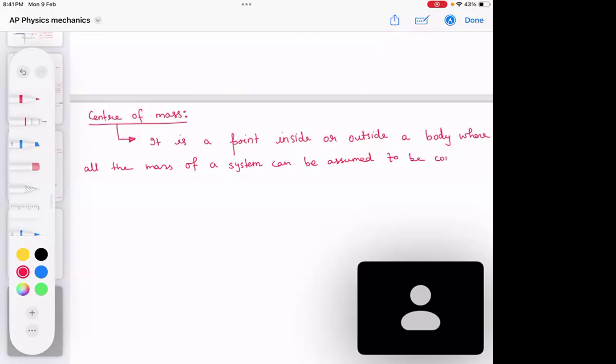It doesn't mean that this is the point where all the mass of the body is lying. Mass of the body is distributed throughout it. But instead of drawing the mg from every point, we can draw the mg from where? It's the center of mass. It gives us the same effect.